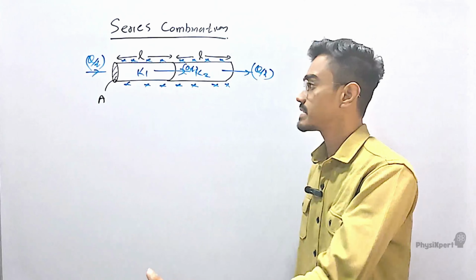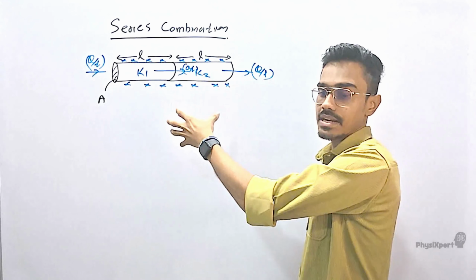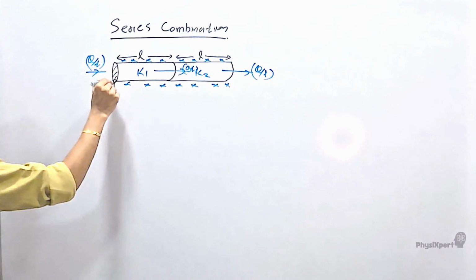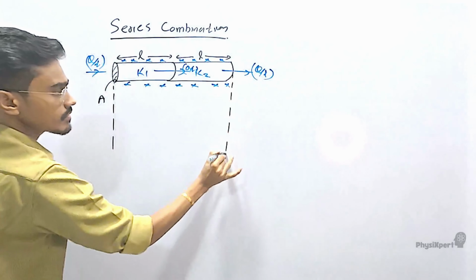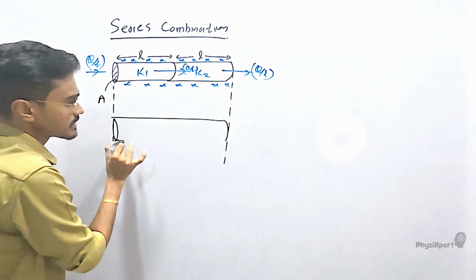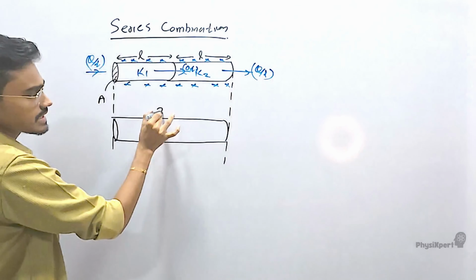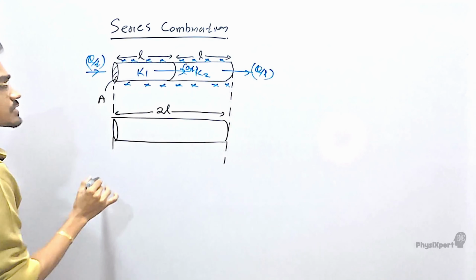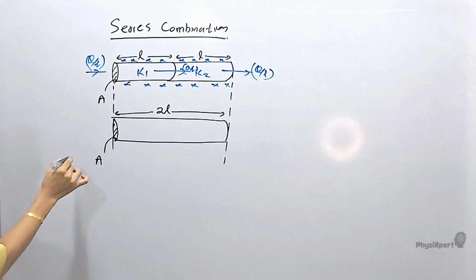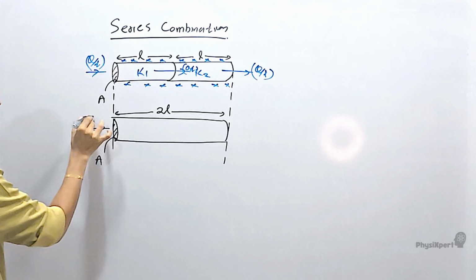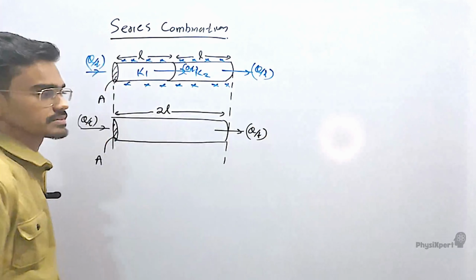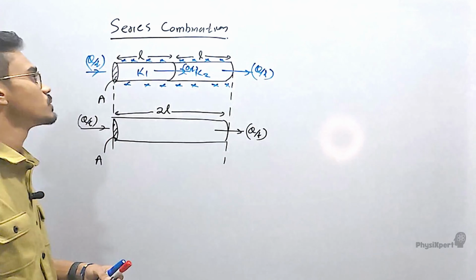Therefore, it should match the same gap the system occupied, between the same two ends. So the length of the equivalent should be 2L, but the area is the same, A. Since the system carries a rate of heat flow of Q over T, the equivalent should also carry the same rate Q over T.